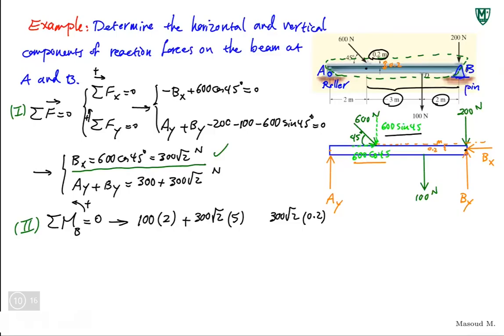Negative, right? Hopefully everyone can see that. The direction is this way. Well, I don't know, probably I'm mirrored in this video. The direction is this way, and the palm of my hand should face the line of action that my four fingers are following to the point that I'm finding the moment about. If I make a fist, my four fingers are going to show the direction of the moment.